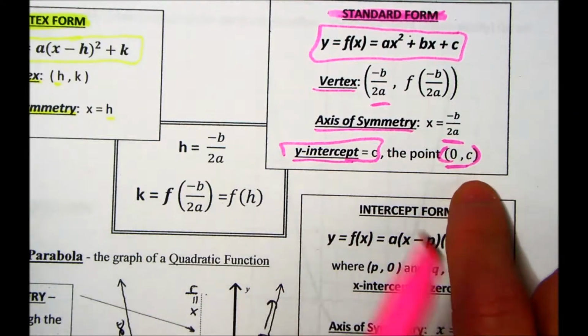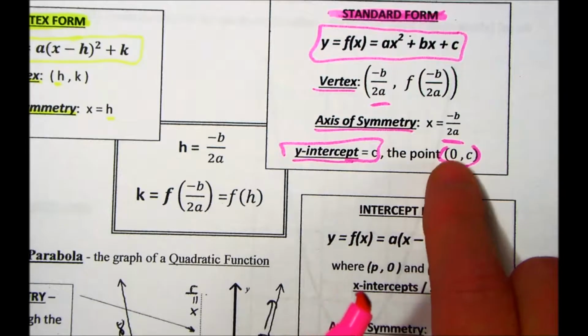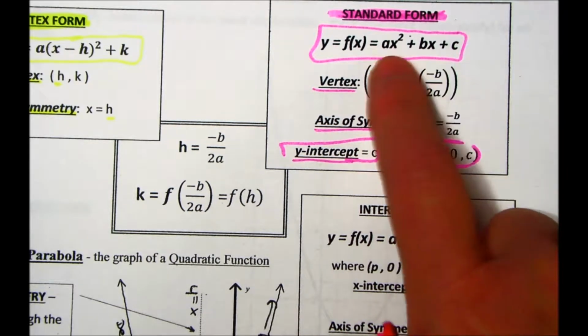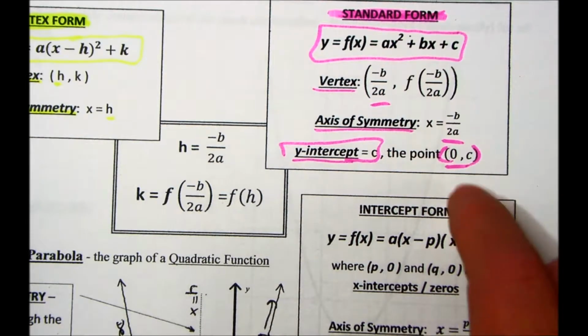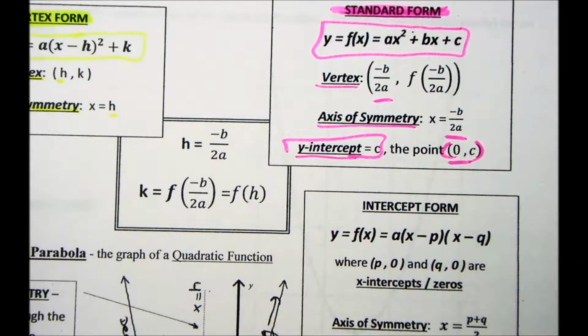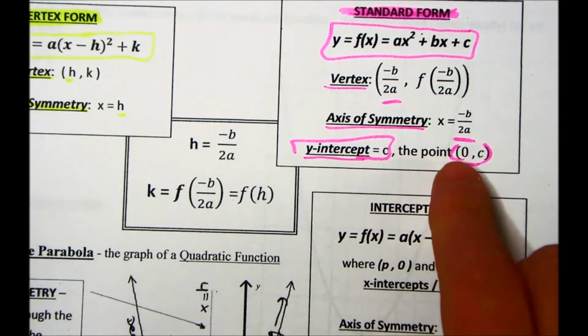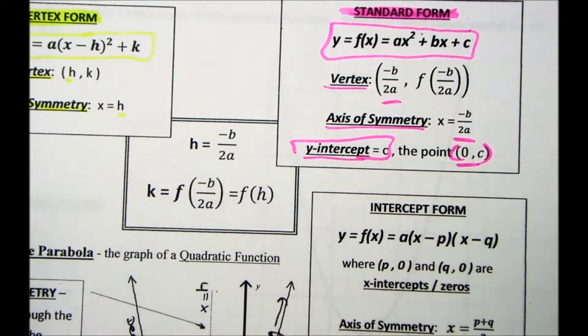The reason the y-intercept is the constant is that if you substitute 0 for x, those terms basically become 0, and all you have left is that constant. So to find the y-intercept of really any function, you just substitute 0 for the x values and simplify, and that will give you your y-intercept.